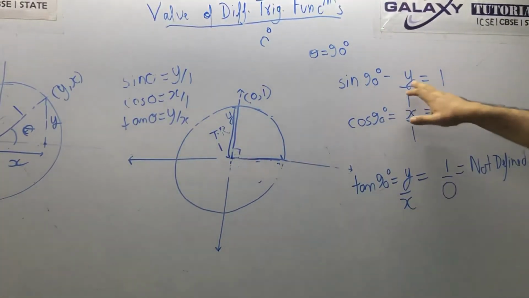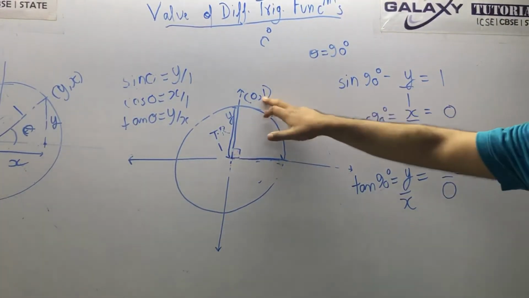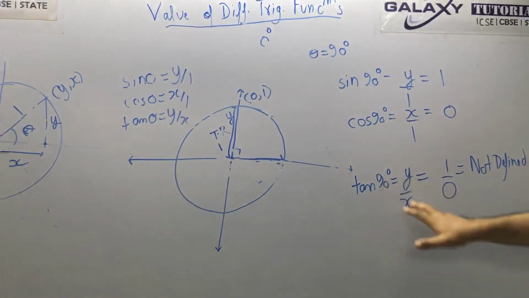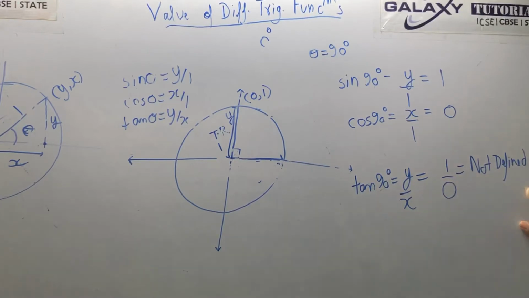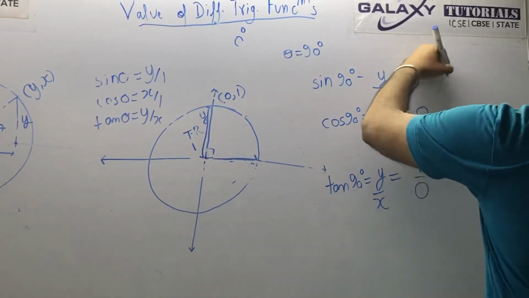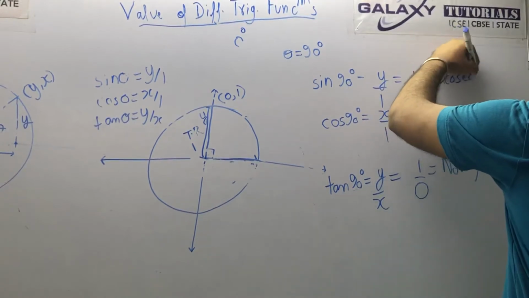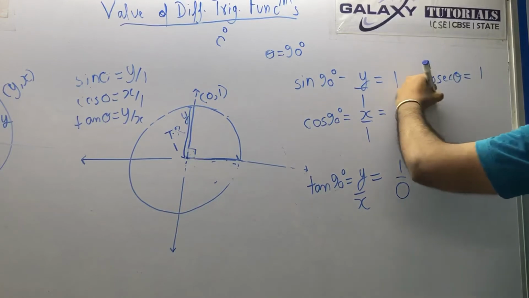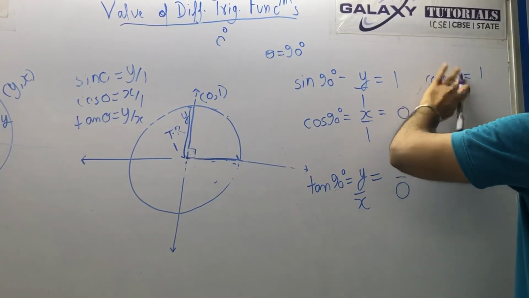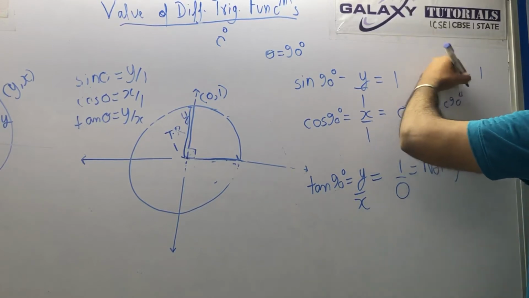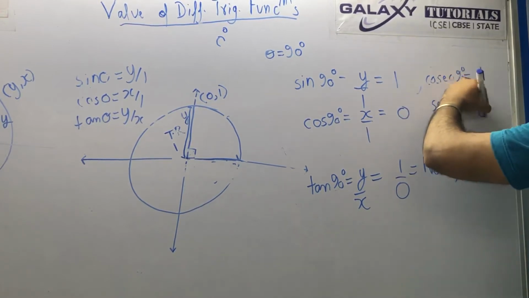In this case y is equal to 1, and x is equal to 0, and tan theta is y upon x, so 1 upon 0 is not defined. You can find the value of cosecant also. Cosecant 90 is 1. Secant 90 is 1 upon 0.